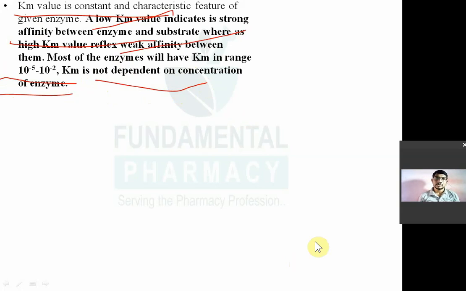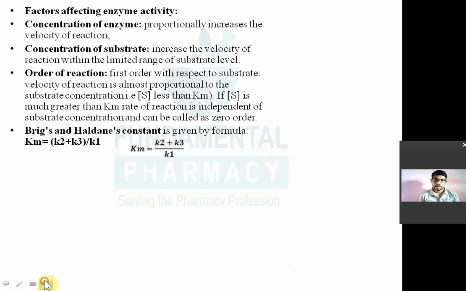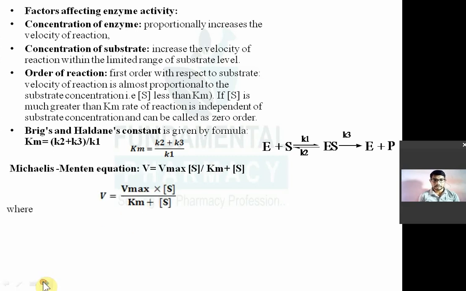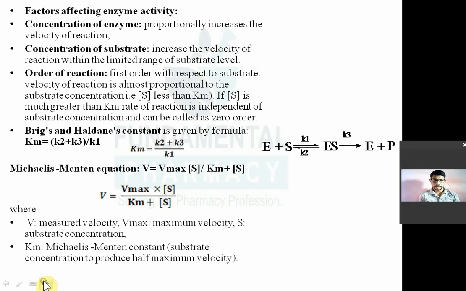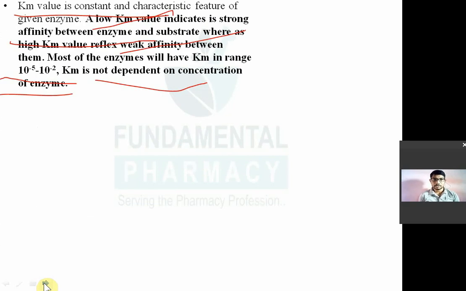You have to remember, Km is nothing but the Michaelis Menten constant or Briggs Haldane constant. It is also known as the Briggs Haldane constant. We have seen in the previous slide. इसमें देखो आपने ये देखा है Briggs and Haldane's constant, that is Km, or it is also known as the Michaelis Menten constant. Okay, remember this. And the value of Km is a specific characteristic for a particular enzyme.